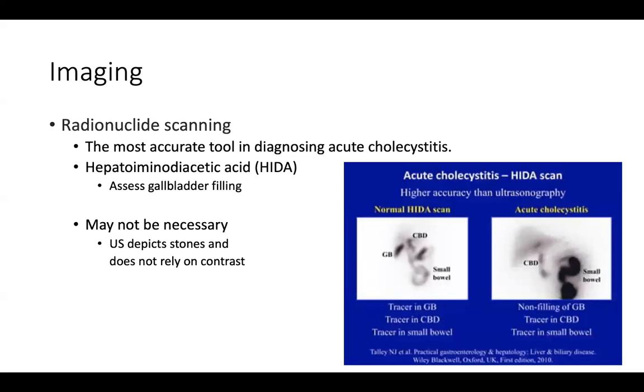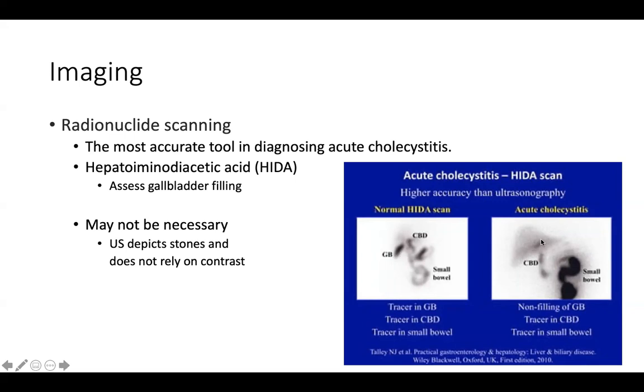The most accurate tool in the diagnosis of acute cholecystitis is the HIDA scan. This procedure involves the IV injection of substances labeled with technetium-99, which is taken up in the liver and normally excreted into the biliary system, including the gallbladder.